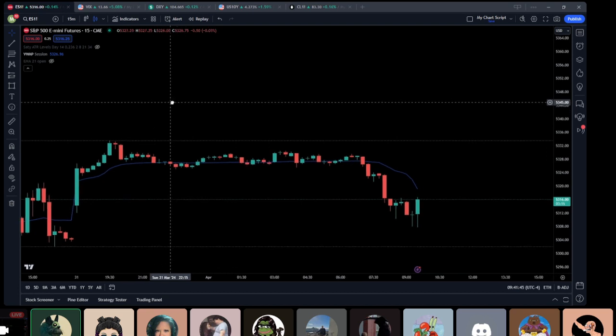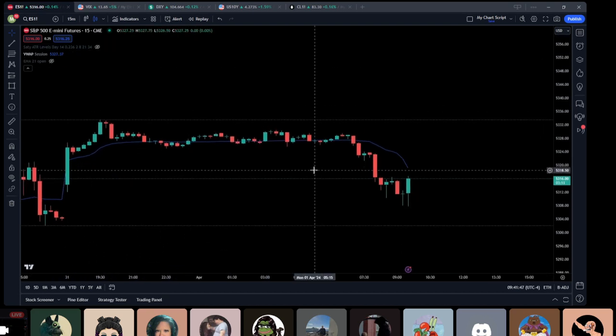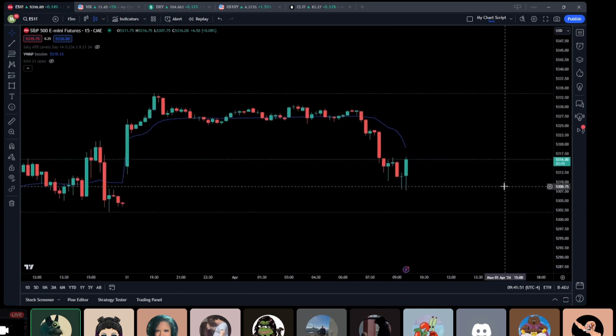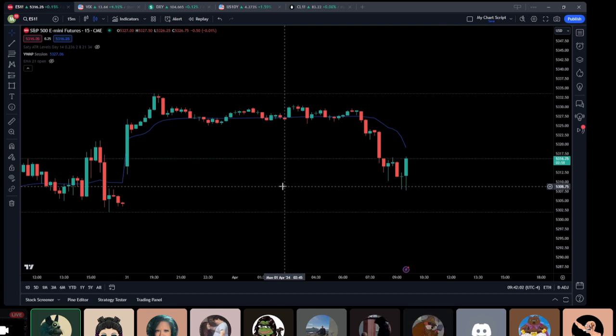Now, the one indicator I love using is VWAP. Right, this is a line that shows the average weighted price of that day's price action. You can tell if the day is going to be a range day or a trend day based on where price action is relative to VWAP.